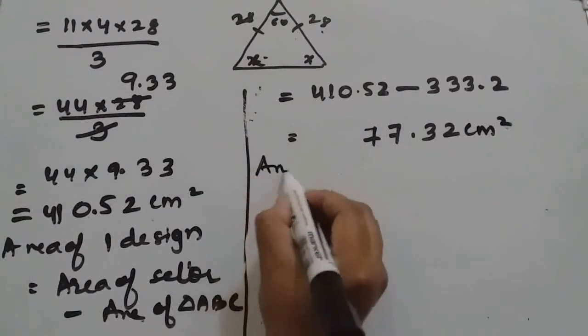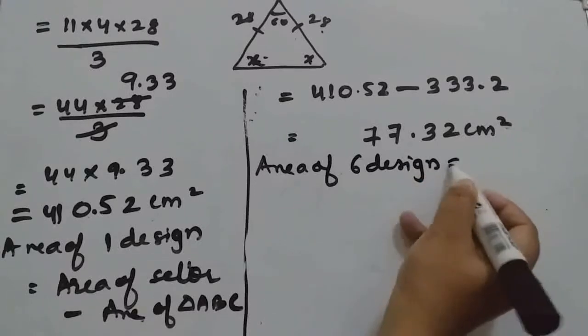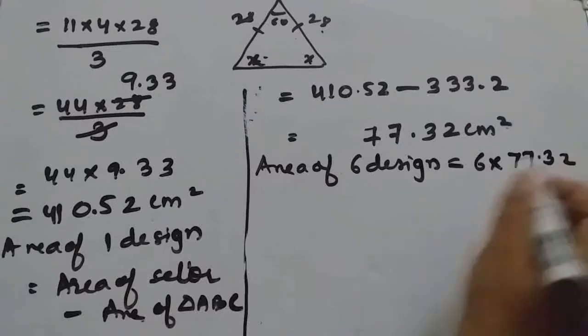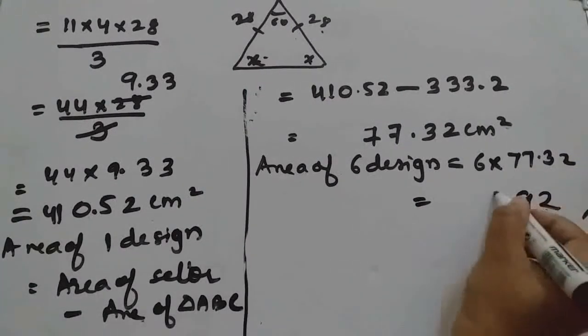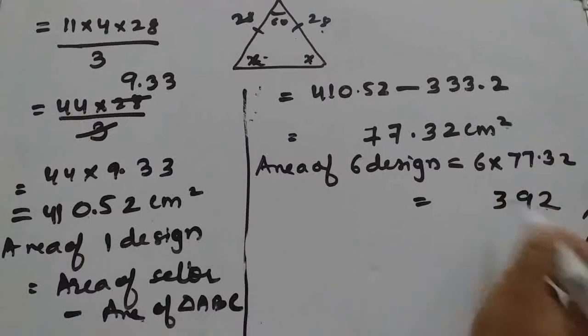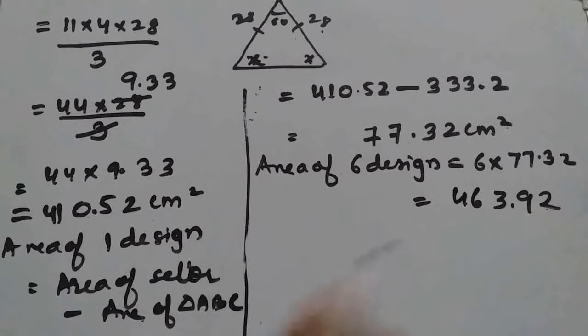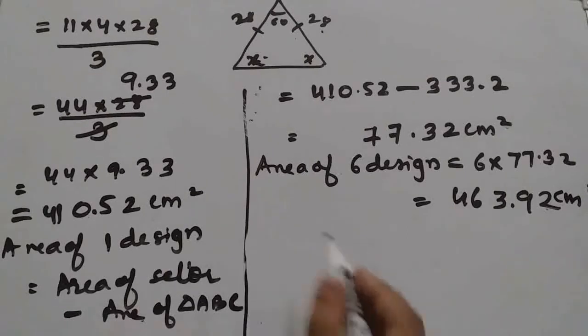So area of 6 designs will be what? This into 6. So from 6 we can multiply. Okay, so 463.92 centimeter square is the area of 6 designs.